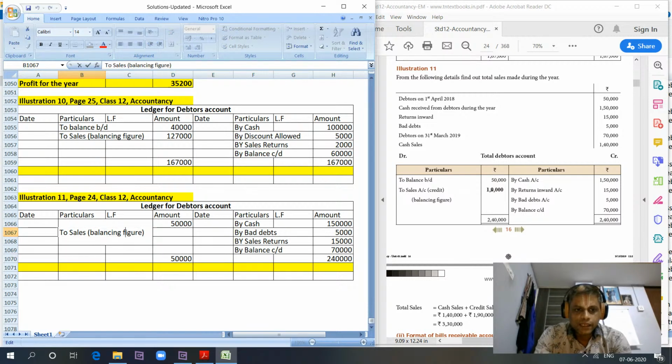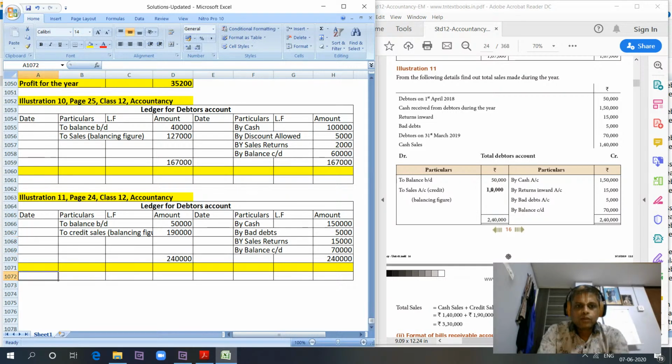Let us put it very clearly here: credit sales is equal to 2,40,000 on the credit side minus 50,000, which is the beginning balance. So total credit sales is 1,90,000, and cash sales is equal to 1,40,000.